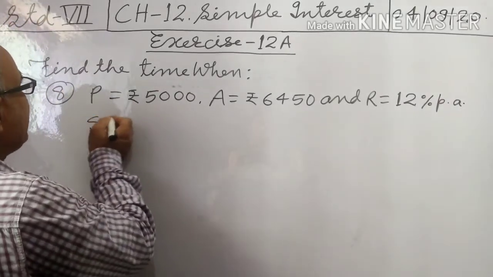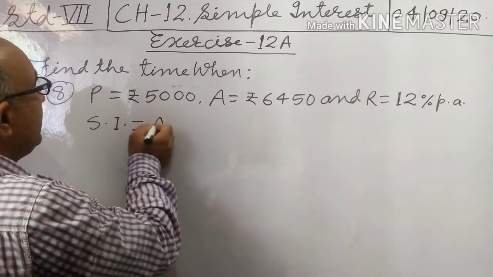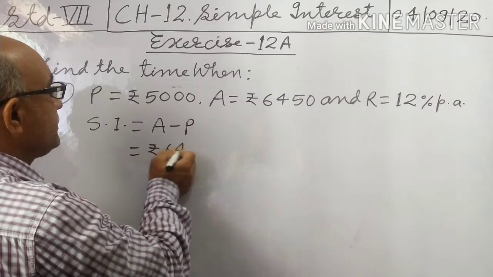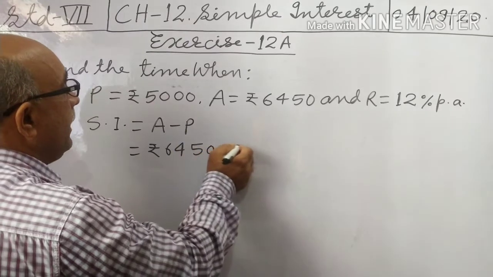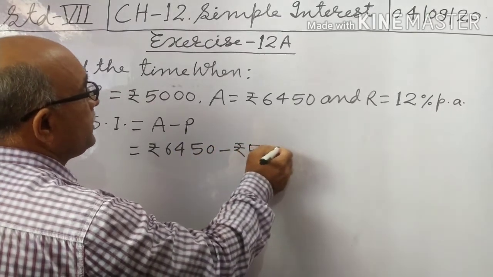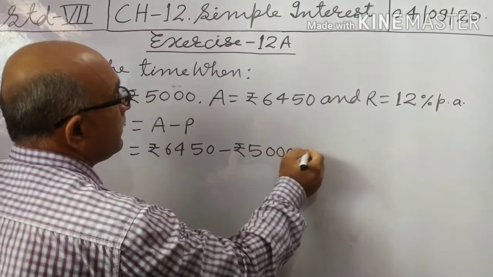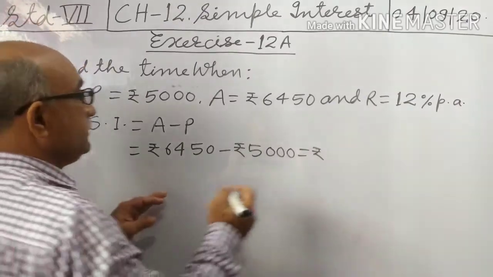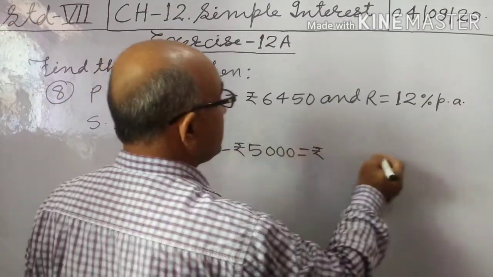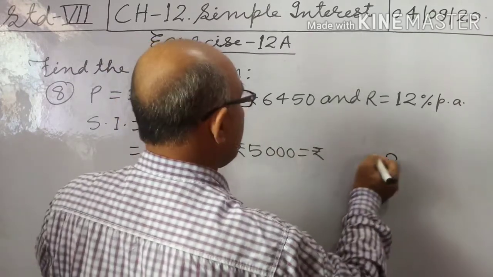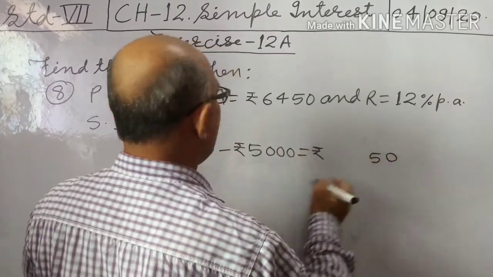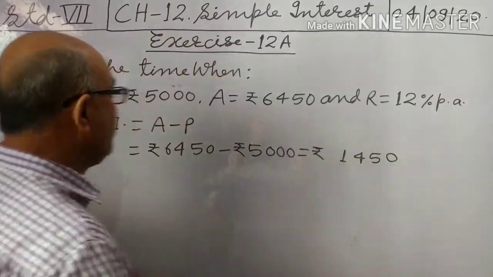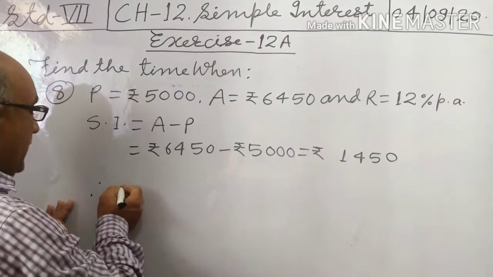So find first of all SI equal to A minus P equal to rupees 6,450 minus rupees 5,000. 6,450 minus 5,000. 0, 5, 4 and 6 minus 5, 1. Rupees 1,450.